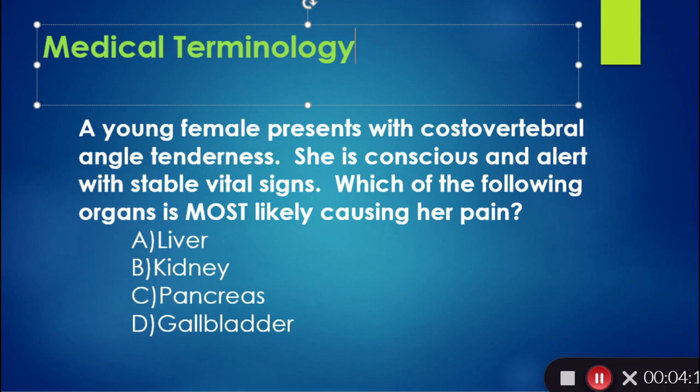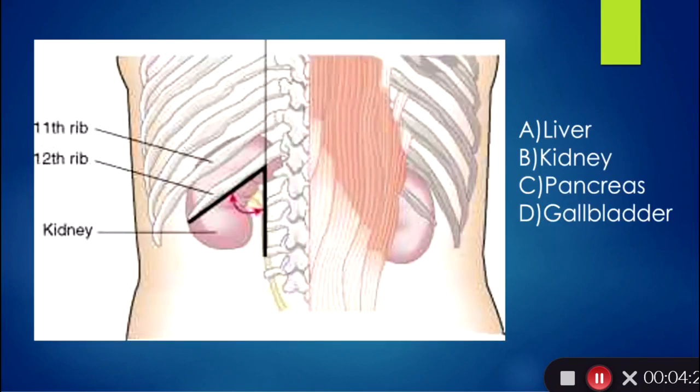So if I look at where those ribs get together, maybe it will give me a clue. Here's the ribs coming up, I don't have a very good pointer, and here's the spine. And in here is that angle. Now I want to look at what sits in that angle, and right there are my kidneys.